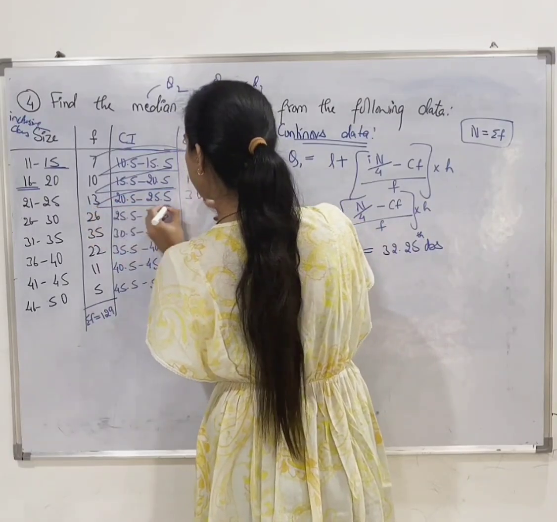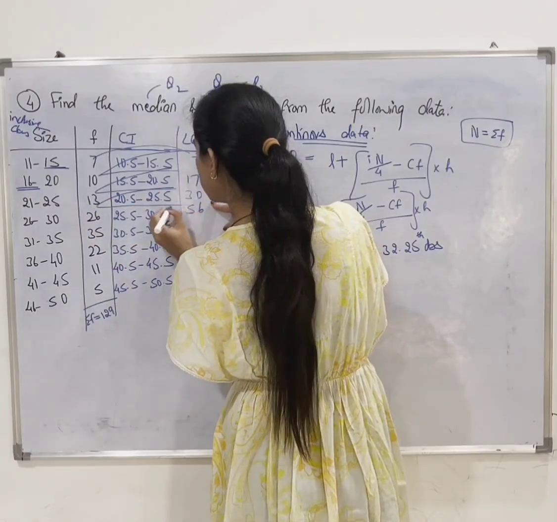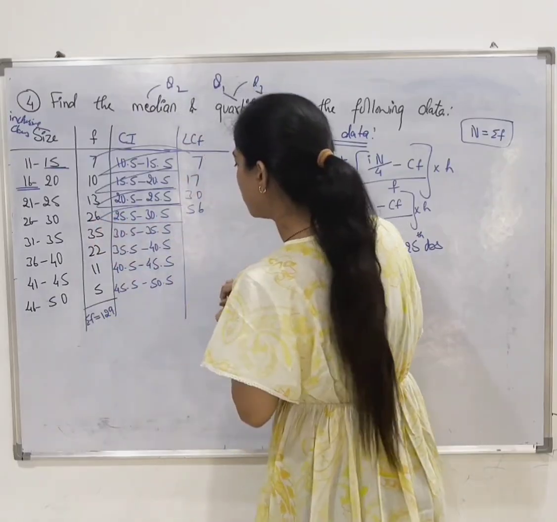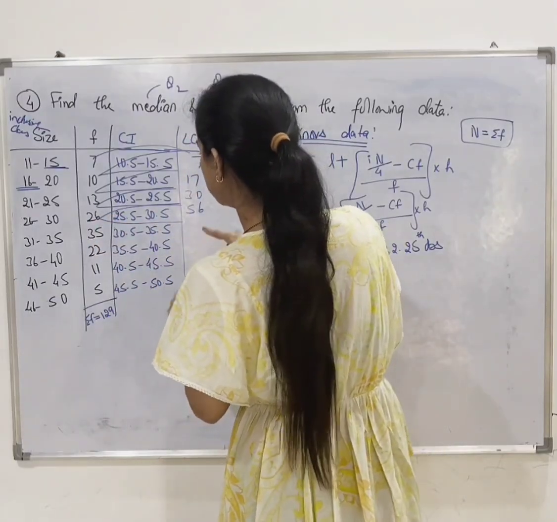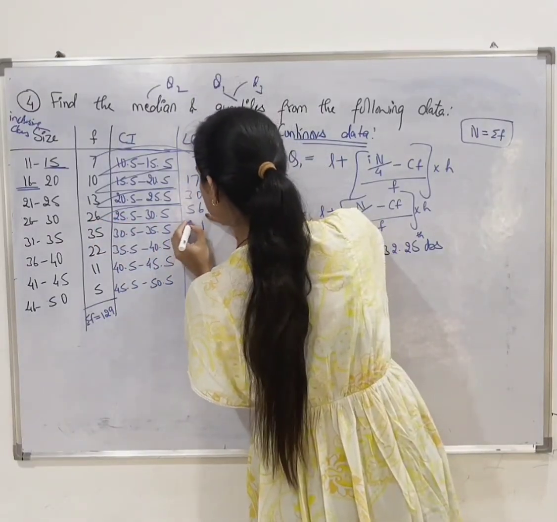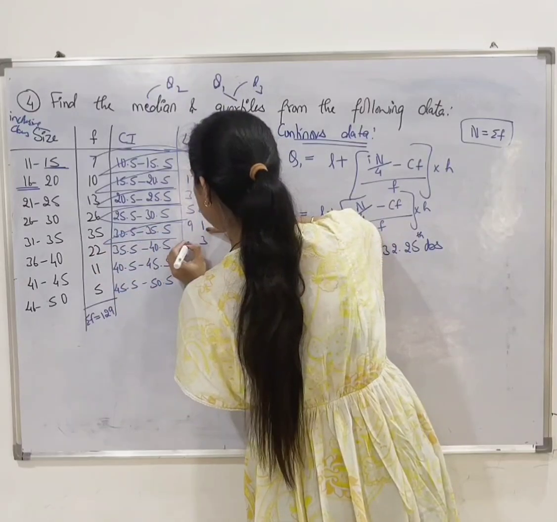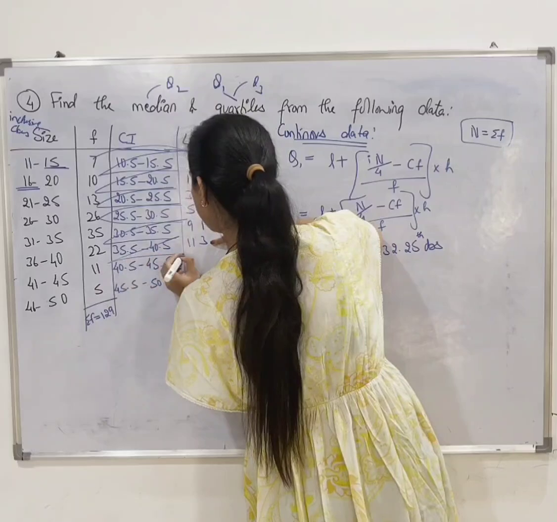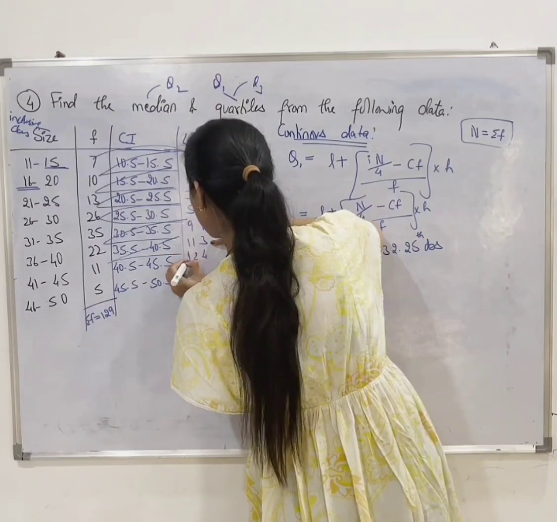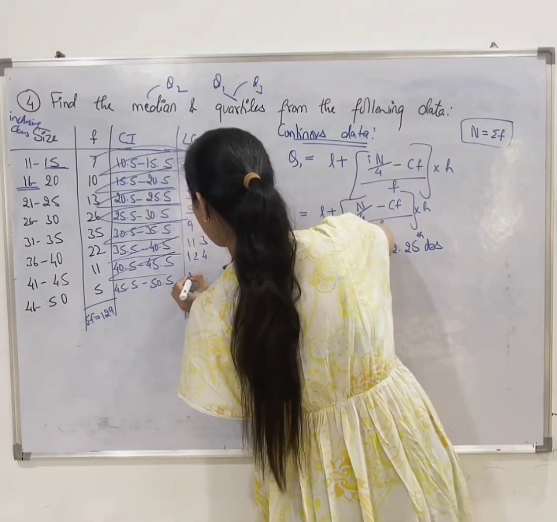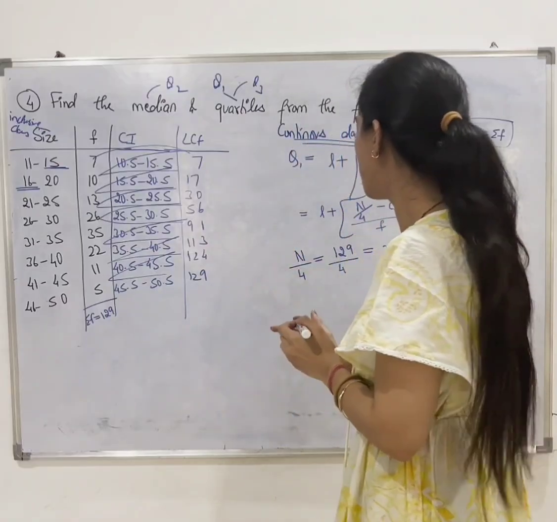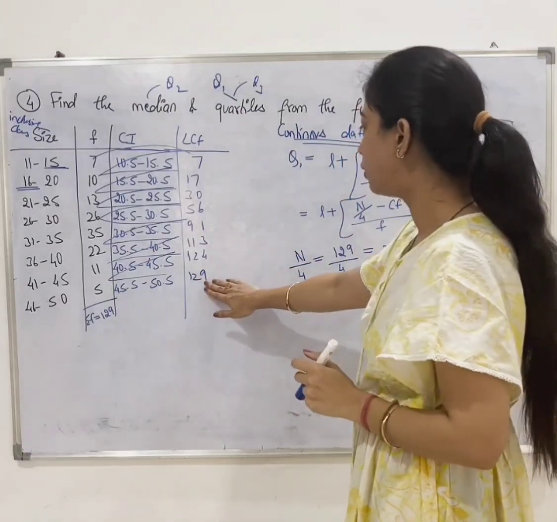Again next 26, 56. Again 35, 91. Again add up 22, 113. Again 11, 124 and last 5, 129. So these are the values which we get for the LCF column.